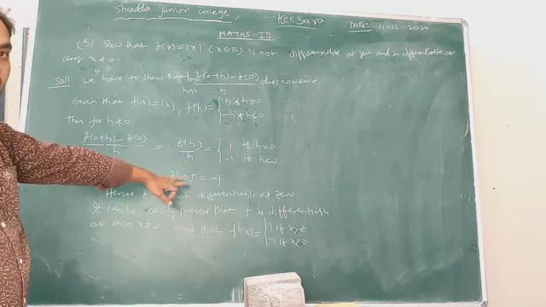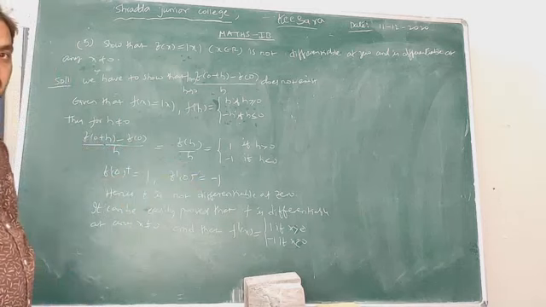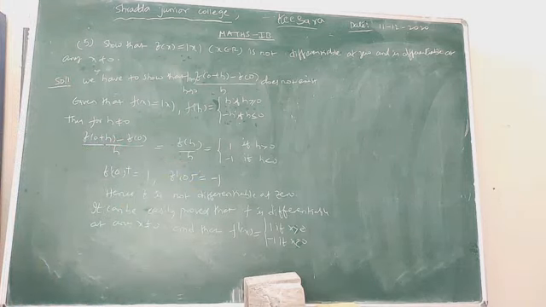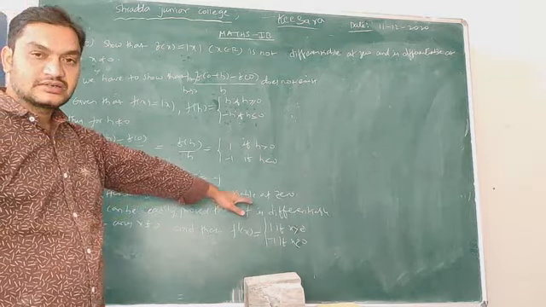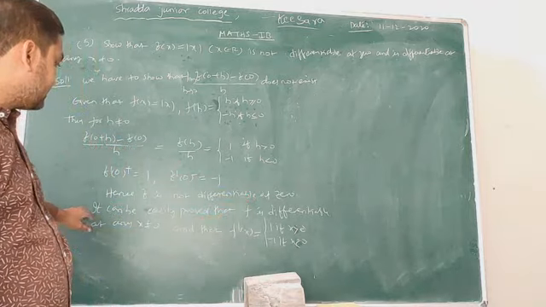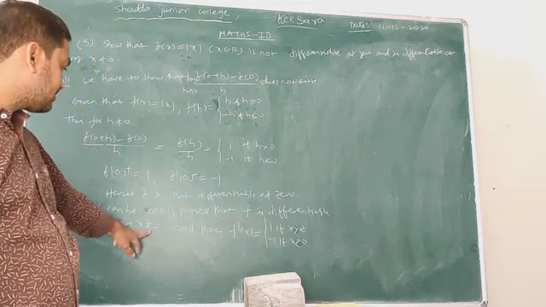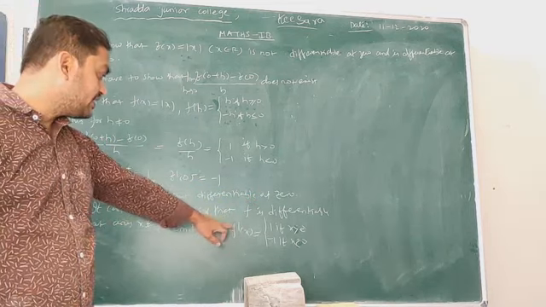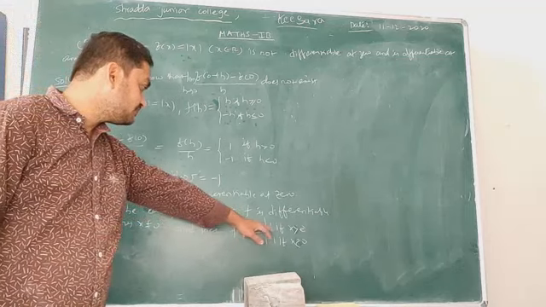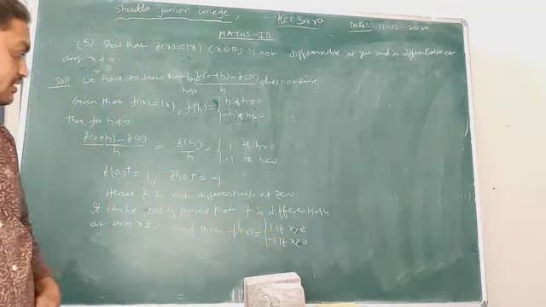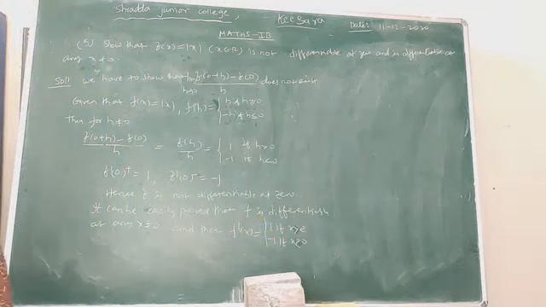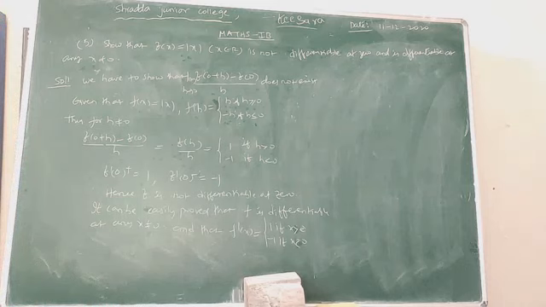F dash of 0 minus, the left hand limit, equals minus 1. Hence f is not differentiable at 0. It can be easily proved that f is differentiable at any x not equal to 0, and that f dash of x equals 1 if x is greater than 0, and minus 1 if x is less than 0. This is our required answer.